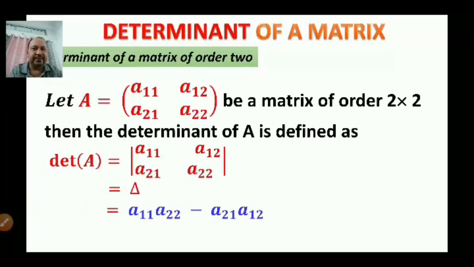Let a11, a21, a12 and a22 be a matrix of order 2 cross 2.